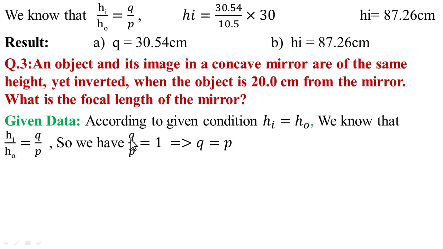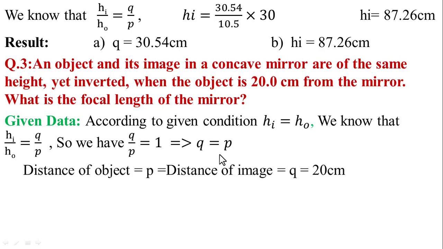Then Q over P is equal to 1. P is divided, on the other side it will be multiplied. This implies that Q is equal to P. So we can write that distance of object P is equal to distance of image Q is equal to 20 centimeter.